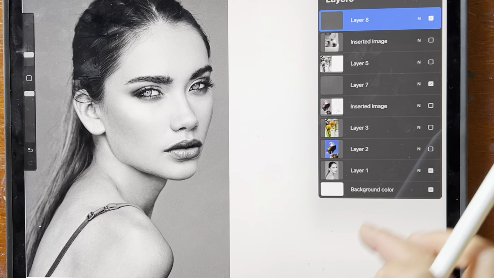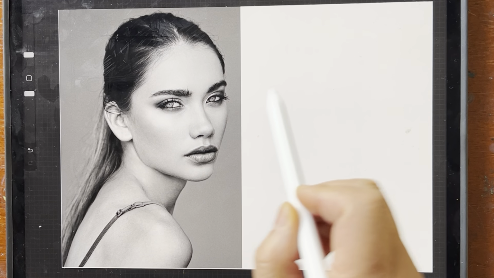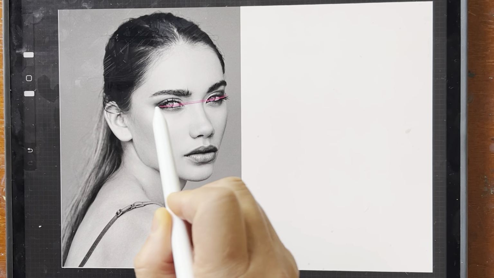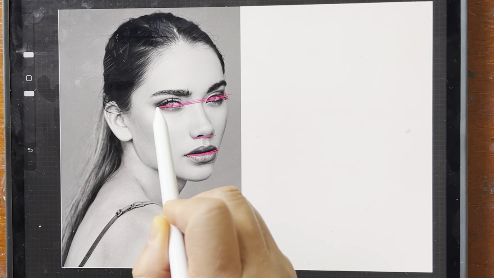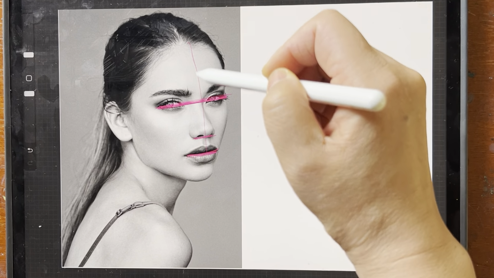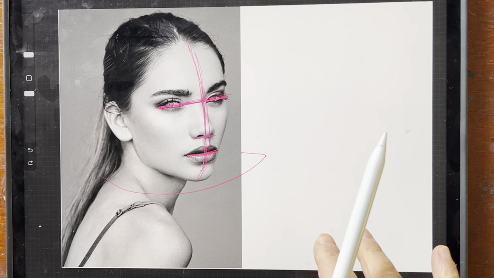I needed to draw a general shape. So when I'm looking at the girl, I notice her eye, mouth, lips are slanted, right? And her face is turned the other way, right?